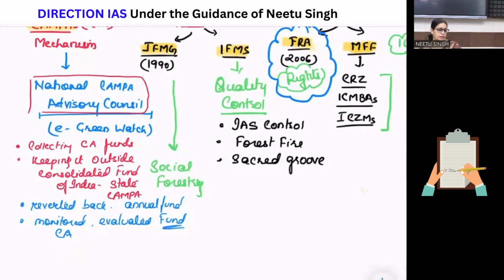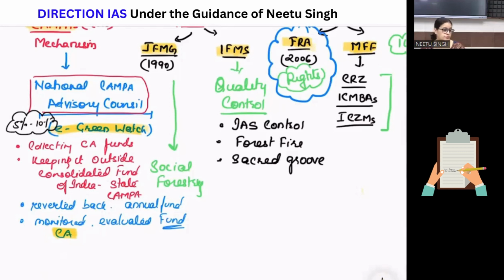And for that evaluation and monitoring, it has mobilized what we attempted yesterday, e-Green Watch. e-Green Watch is the tool in the hand of the National CAMPA Advisory Council. And mind it, in doing all this, the National CAMPA Advisory Council is entitled to spend not more than 5 to 10% of the total fund collected.